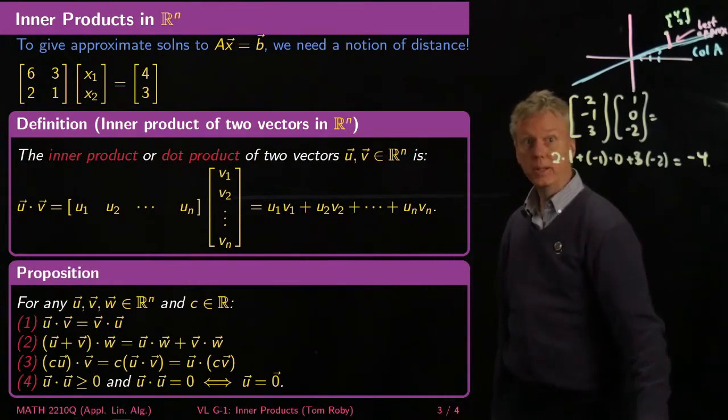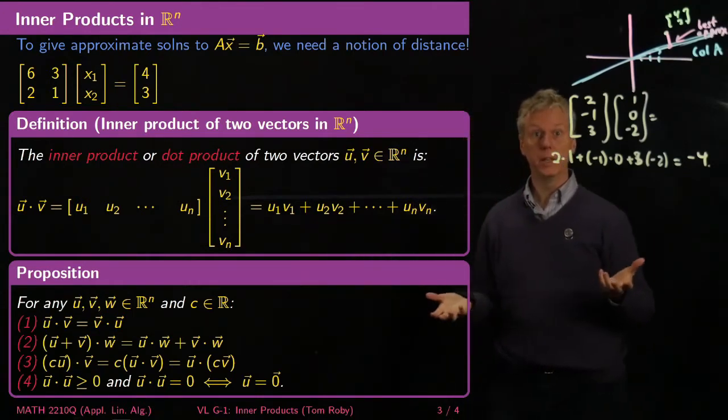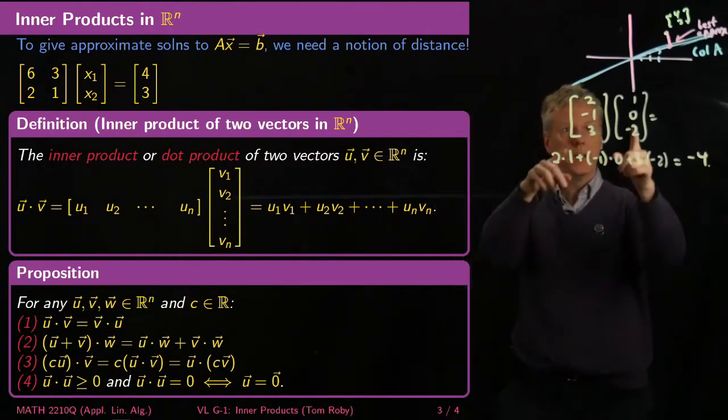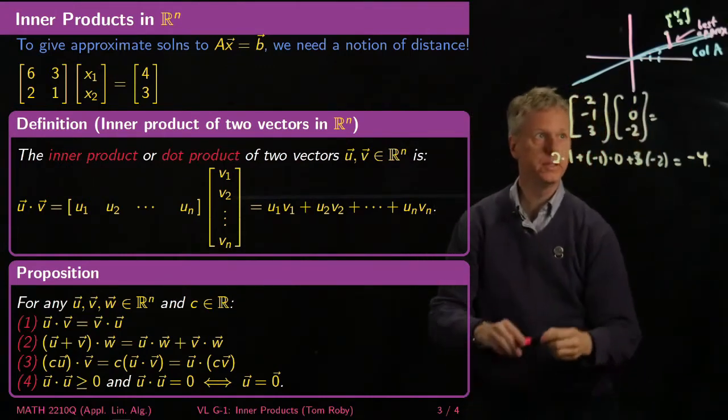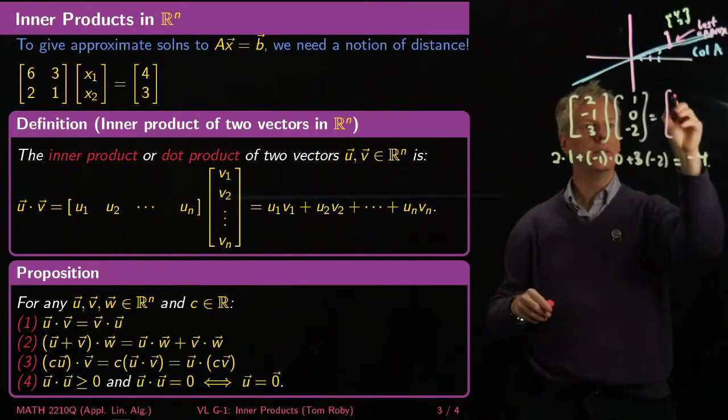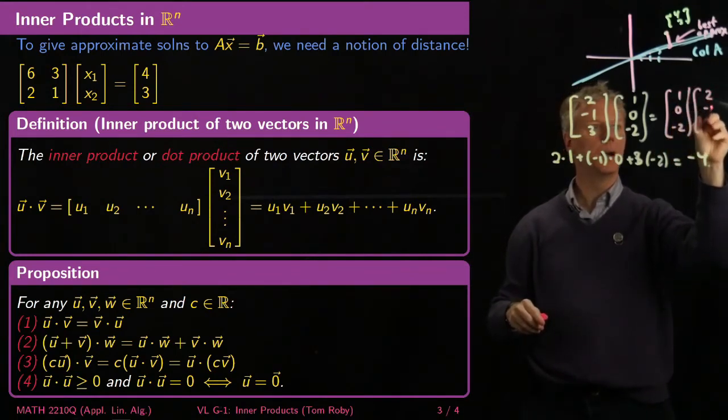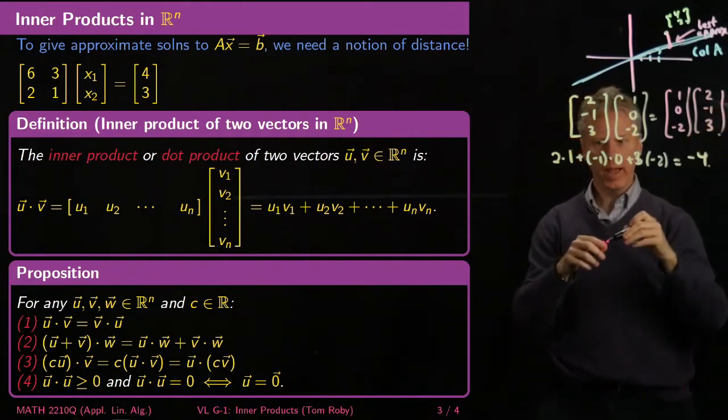But here are the properties that an inner product, a scalar product, can and should satisfy. Notice that if I had switched the order of these things, so if I decided to instead multiply 1, 0, negative 2 times 2, minus 1, 3, what would have happened?